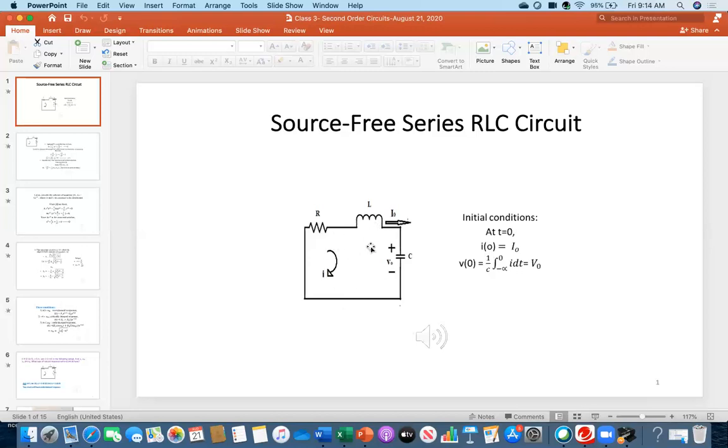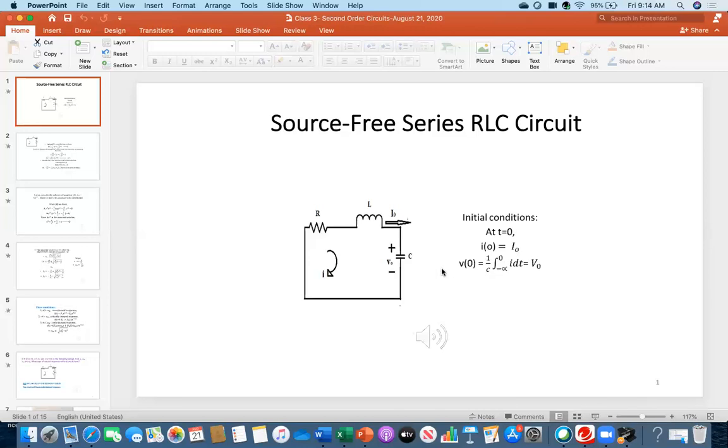Basically, this is the same current, the current related to the inductor. And then what is the voltage across the capacitor? That is v(0) equals the integration from minus infinity to 0 of i dt, that is capital V naught. This means we are assuming the current is capital I naught and the voltage is capital V naught at time t equal to 0.